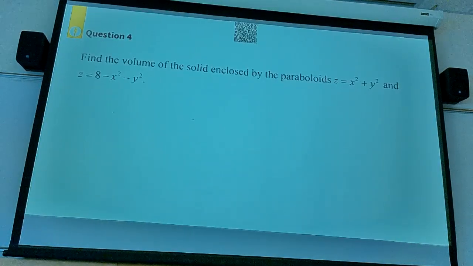Volume of the solid enclosed by the two paraboloids z equals x squared plus y squared, and z equals 8 minus x squared minus y squared.